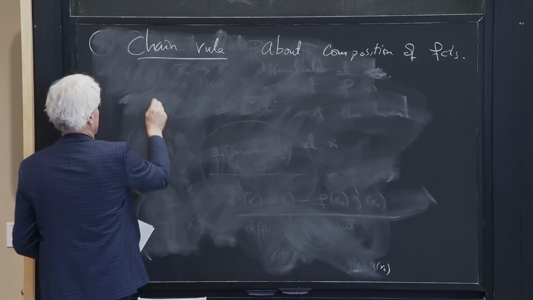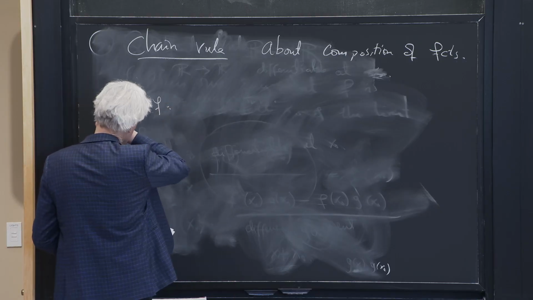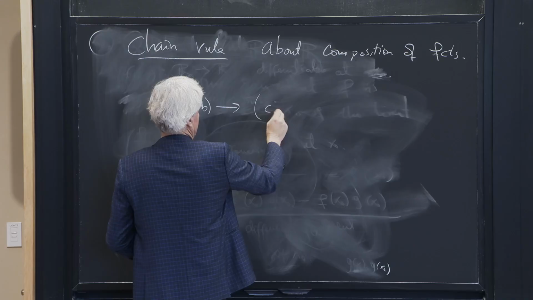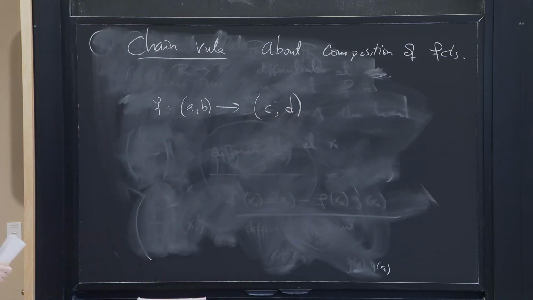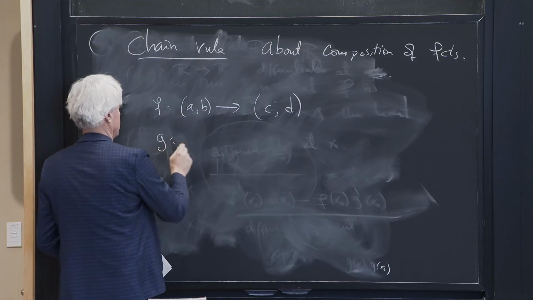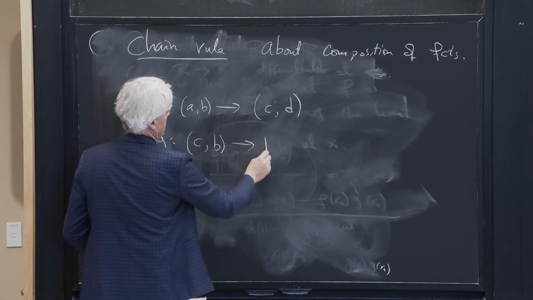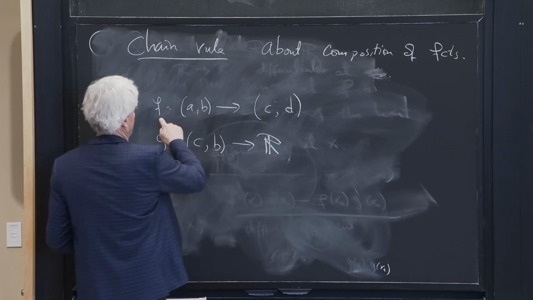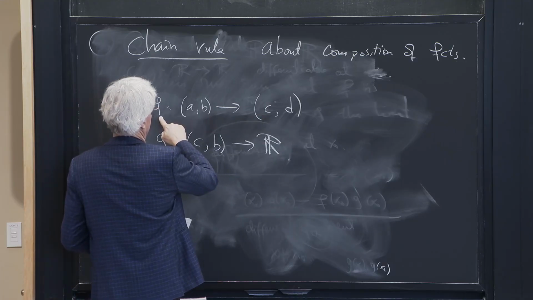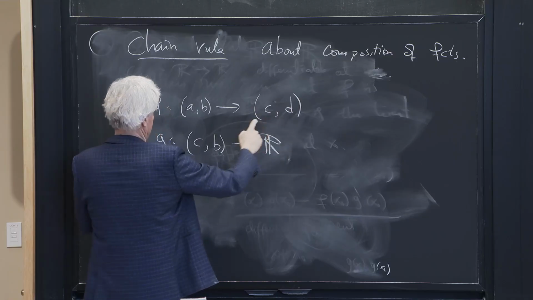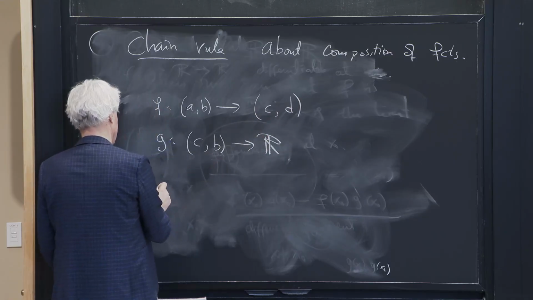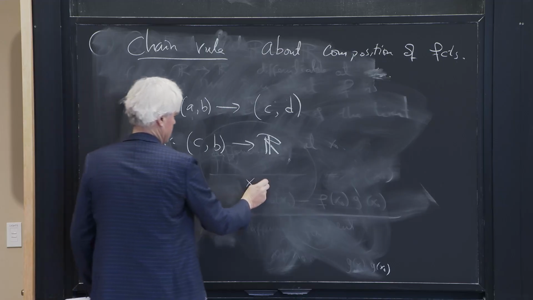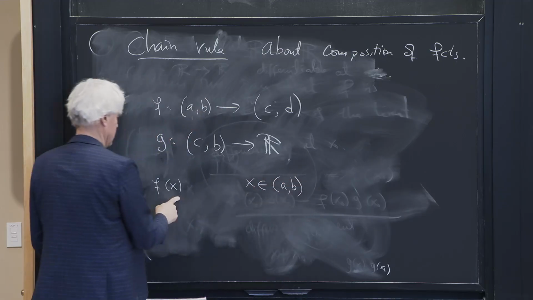Okay, so I have a function f that goes from some interval a to b into another interval from c to d. And then I have a function g that goes from this interval into R. Because g is defined on the image of f, if you take some x in a to b, then g of f of x makes sense.